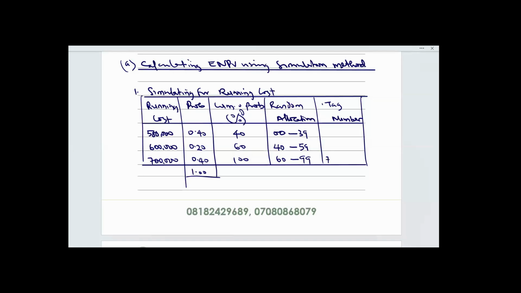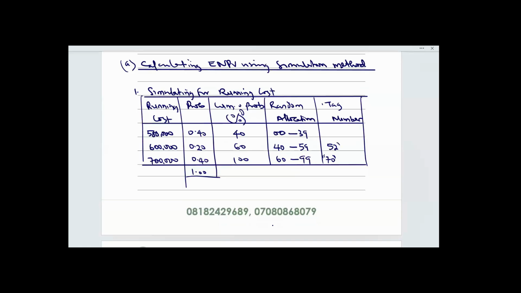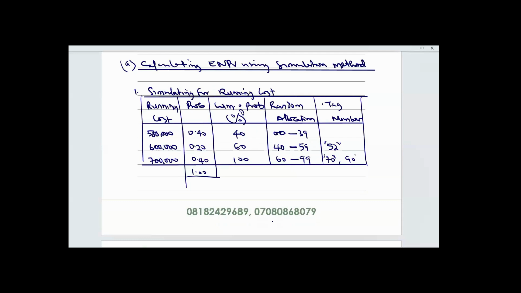The next tag number is 52, and 52 is here. The last tag number given to us is 90, which is in the last row. So with this, I've simulated for running cost.